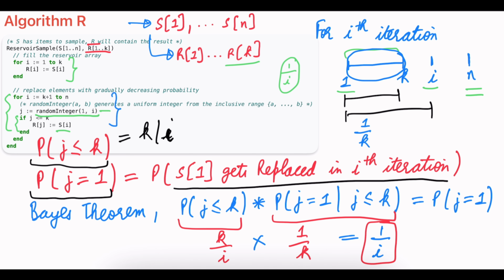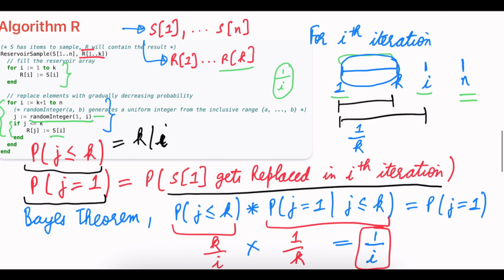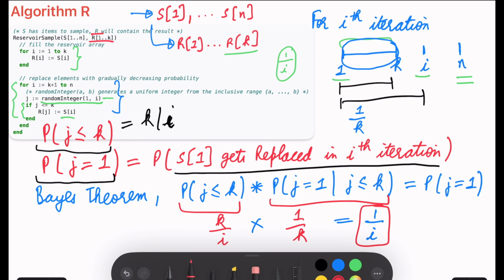So this is the probability that s1 is going to be replaced and will not be present in our final reservoir sample. Now what is the probability that s1 will not be replaced and will be present in our final reservoir sample? It is simply 1 minus 1 divided by i, which is equal to i minus 1 divided by i, and this is for the ith iteration.